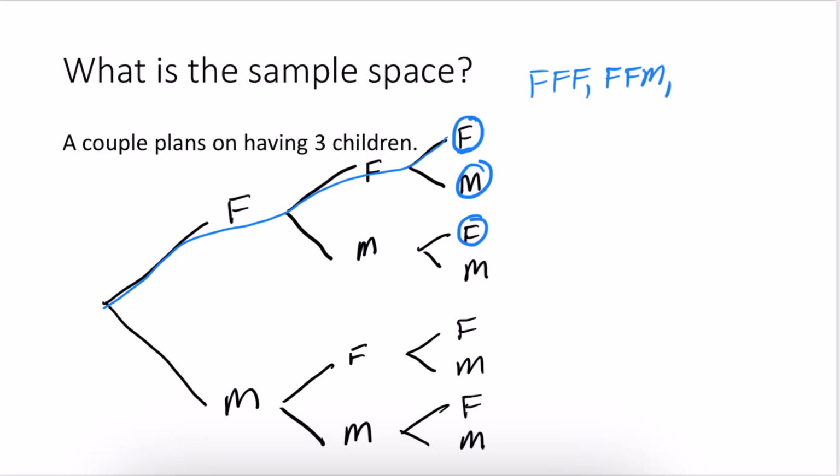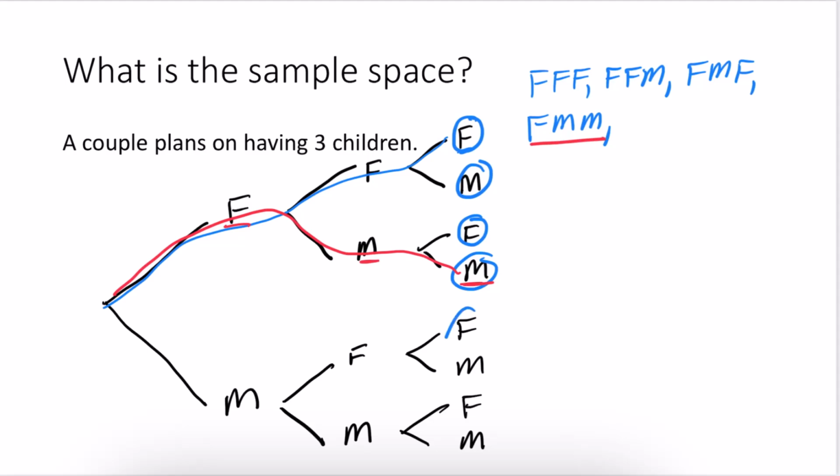This one represents having a girl and then a boy and then a girl. This one represents having a girl and then 2 boys. Because again, I'm tracing this back, and the first child was a female, the second child was a male, and the last child was also a male. So that's how I got that.